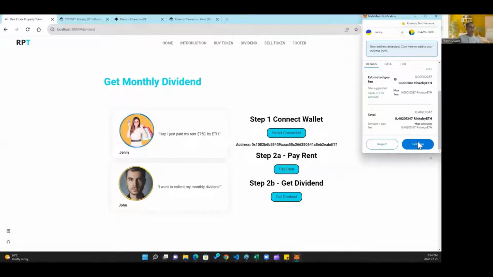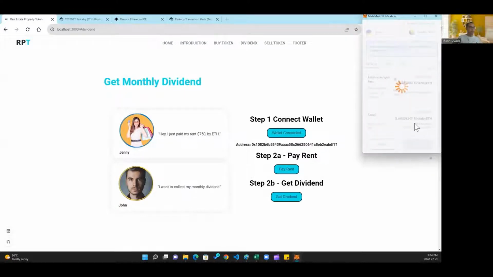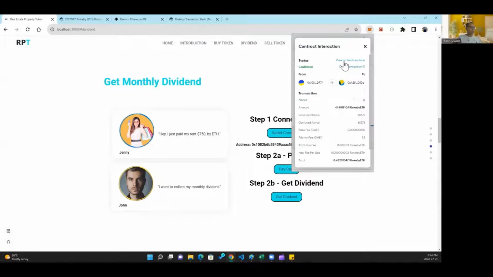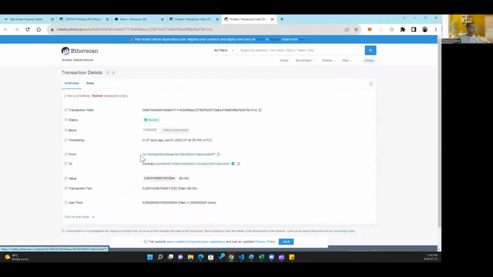So just hit confirm. Still pending. As you can see, her balance of Ether has dropped to 0.22 from 0.7. So let's look at the details of this transaction. There we go. This is Jenny's account, and she paid this amount of Ether for rent.